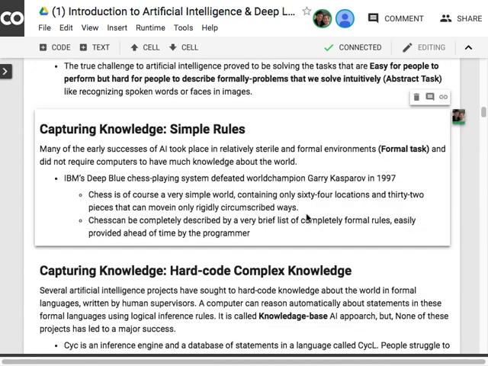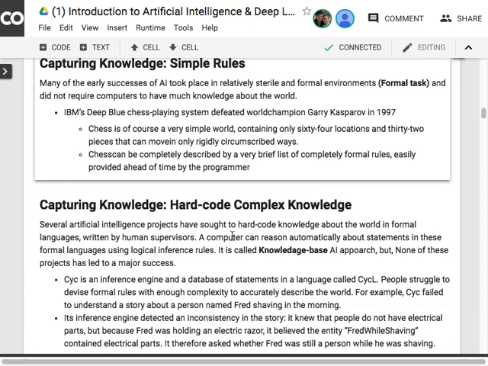The only way at that time that the AI could learn about the outside world was through formal simple rules that the programmer, the human supervisor, input to it. They know much less compared to us.